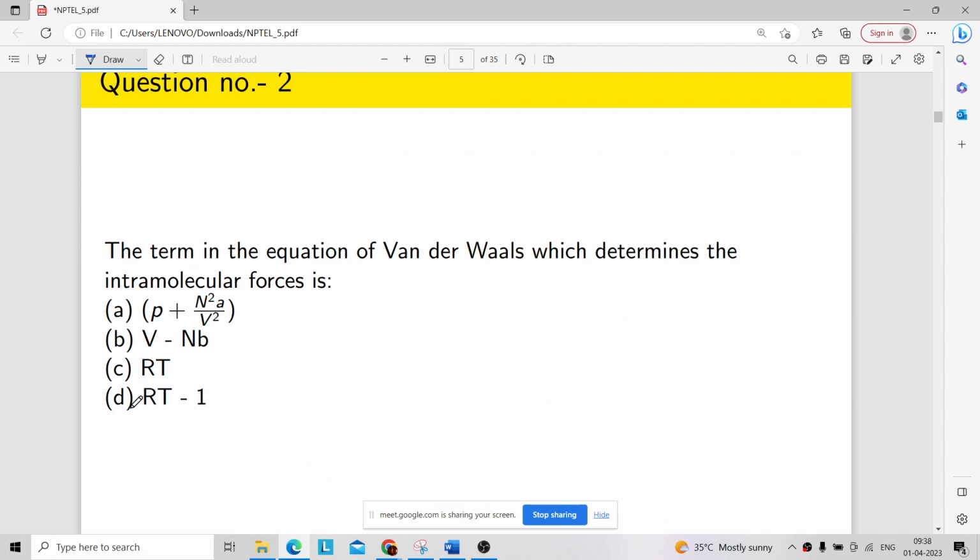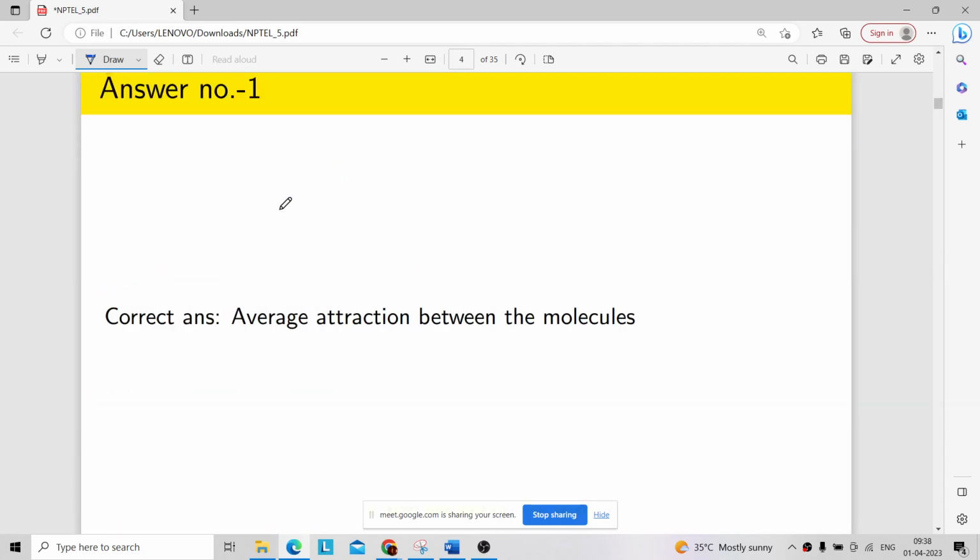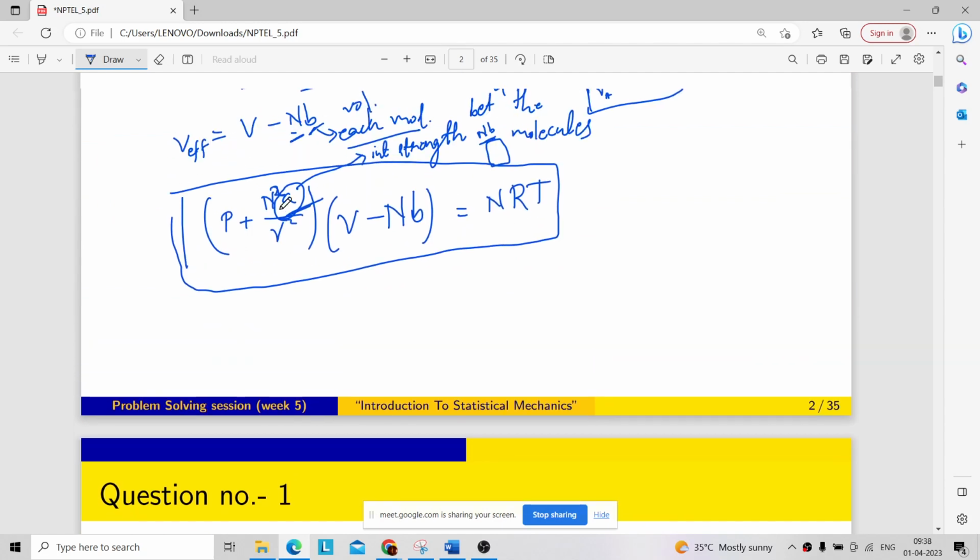Coming to the next question, the term in the Van der Waals equation which determines the intermolecular force. So it's the same. In the Van der Waals equation, the first term denotes the interaction between the molecules. So they are interacting, meaning they are putting forces on each other.